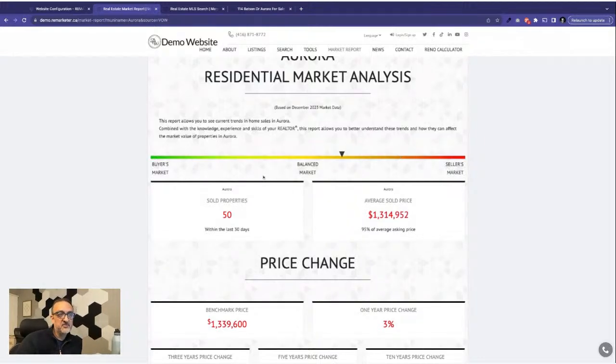Now, the way it's been in the GTA for the past many years is that we've always been playing around in these areas, but sometimes we've had buyer's market conditions in certain parts of the market.